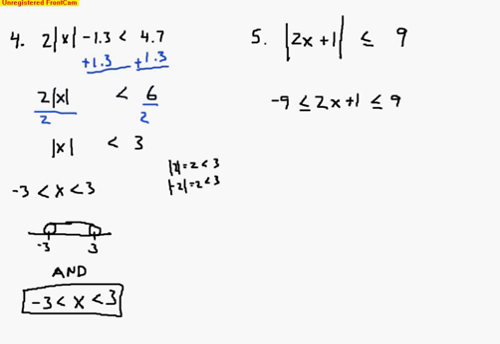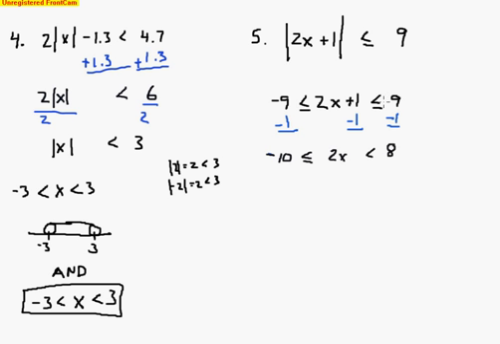And now we're going to solve for those values of x that make that the case. So the way we'll do that is do opposite operations. So this is a positive 1. To undo that, we're going to take 1 away. And so we do that on both sides. And what we're left with here is a negative 10 is less than or equal to 2x, which is less than or equal to 8.